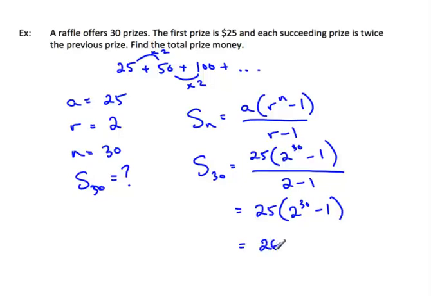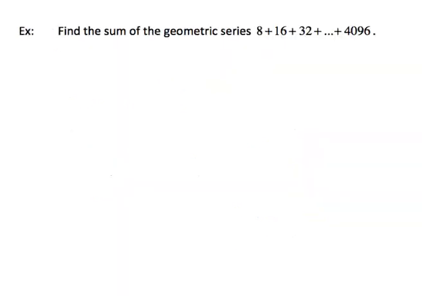It's 26,843,545,575. So you can see that in a geometric series, the numbers get very big very quickly. That's a lot of prize money.